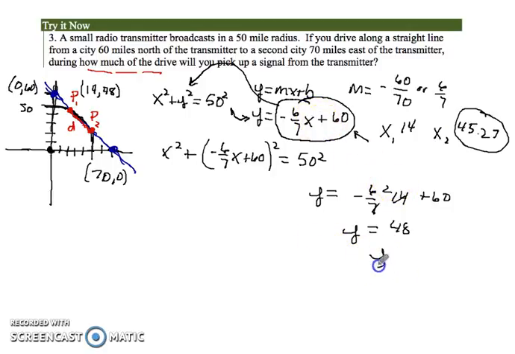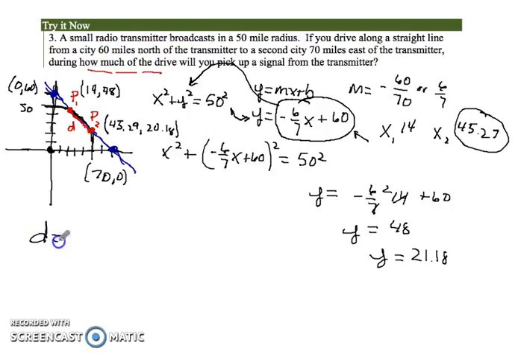We'll get a y value there of, trying to remember, 21.18. So now we know this ordered pair is going to be 45.29 and 21.18. Now the question is, can I use the distance formula? Of course, the answer is yes.